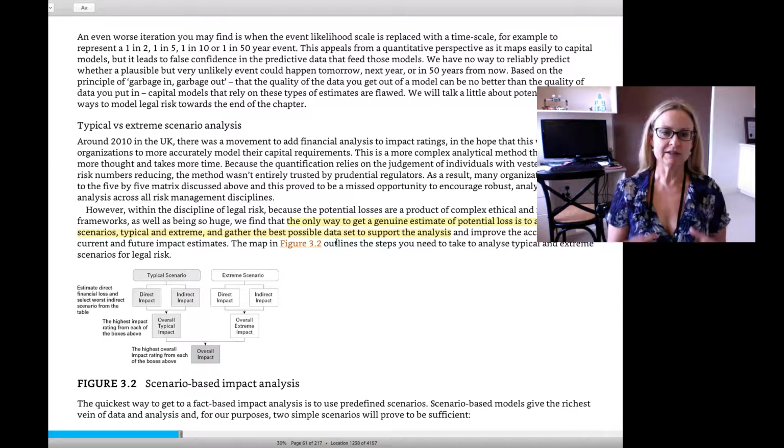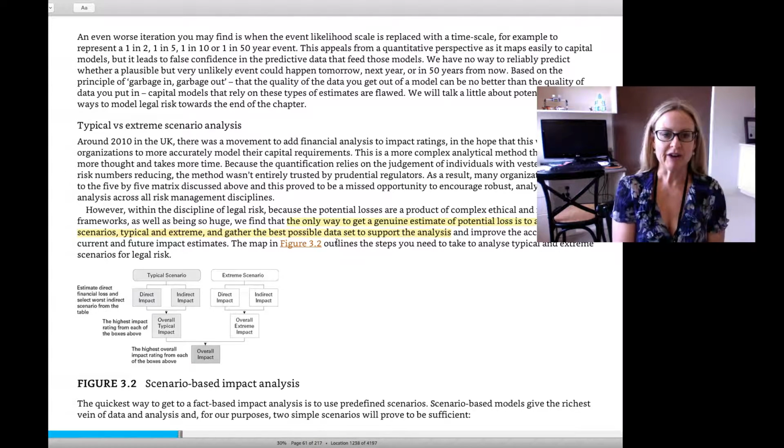So they take each risk and they say, let's run that through two different scenarios. We'll go through a typical scenario and an extreme scenario. In both scenarios, the risk has actually eventuated, and we're trying to quantify what will happen for this organisation when that risk does actually crystallise.